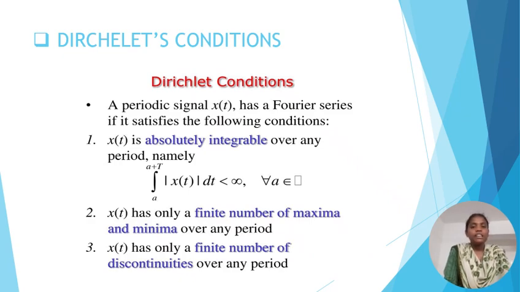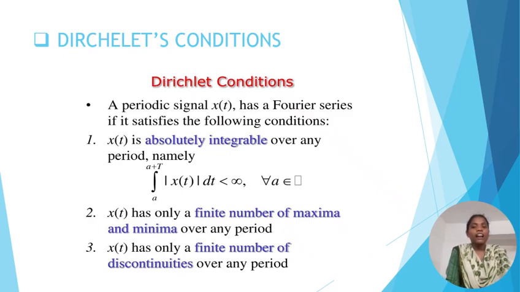Here a naught is equal to 1 by T integral from t naught to t naught plus T of x of t dt, a n is equal to 2 by T integral from t naught to t naught plus T of x of t cos n omega naught t dt, and b n is equal to 2 by T integral from t naught to t naught plus T of x of t sin n omega naught t dt. These are the formulas of the trigonometric Fourier series.